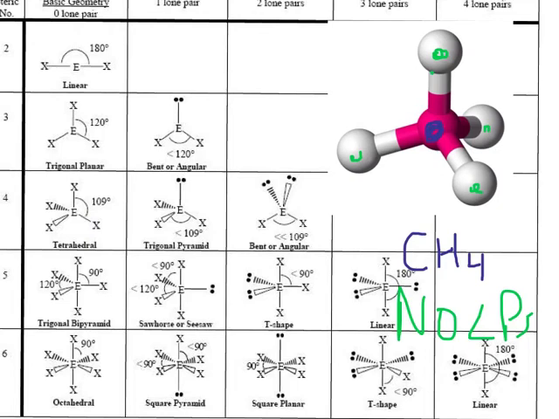Now, tetrahedral, why would it do that? Why, Mr. Monahan, why is it tetrahedral? Well, here's why. Because all of these bonded pairs want to be as far away from each other as possible. And in 3-dimensional space, that involves making a tetrahedron. Now, a tetrahedron is a triangular-based prism.